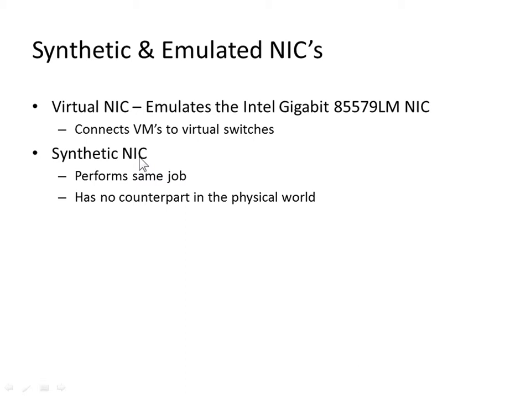It's a piece of software that connects virtual machines to virtual switches. But the difference is, whereas the emulated network interface card emulates a particular type of network interface card, in this case the Gigabit 82579LM, a synthetic network interface card has no counterpart in the physical world.